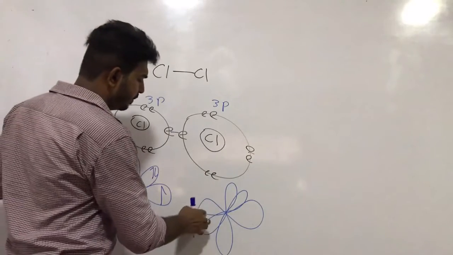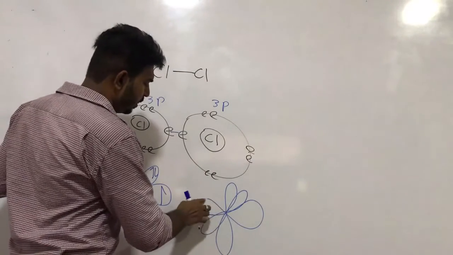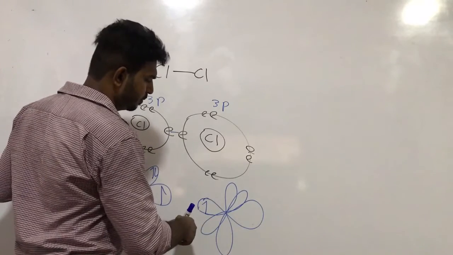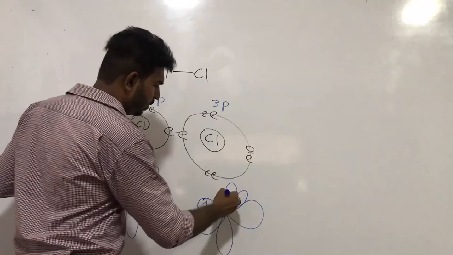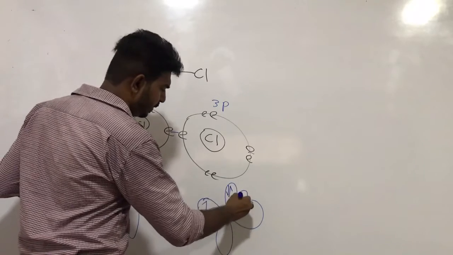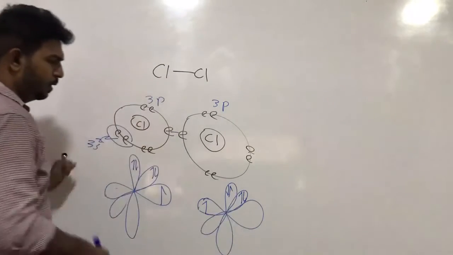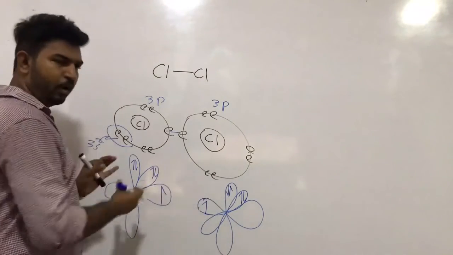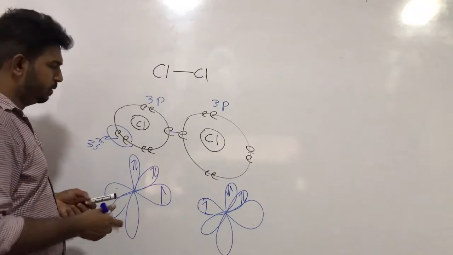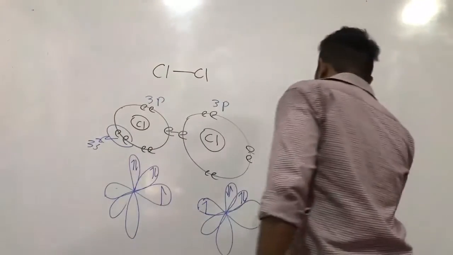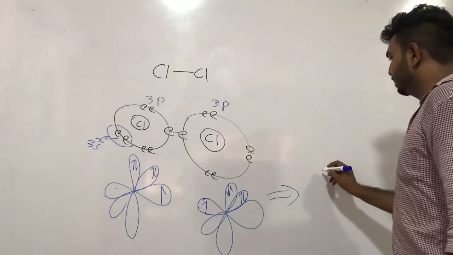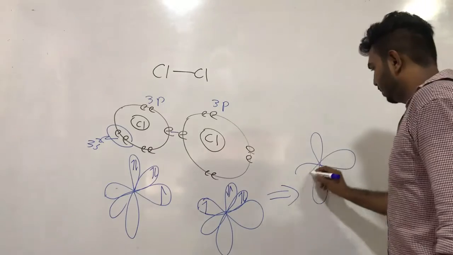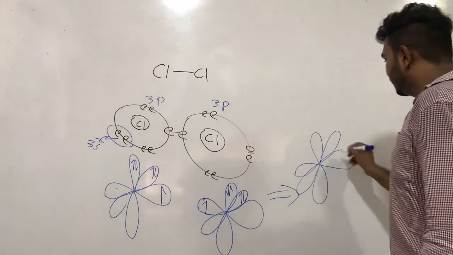So if we consider another unpaired electron here, we have to consider 2 electrons here and 2 electrons here. Then these 3p orbitals will be overlapped like this. These two will be overlapped.